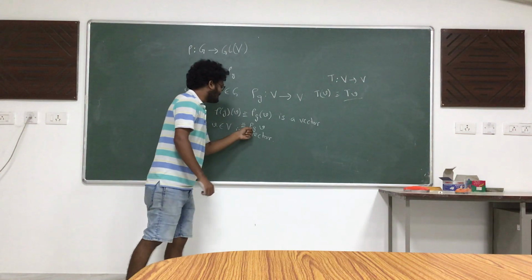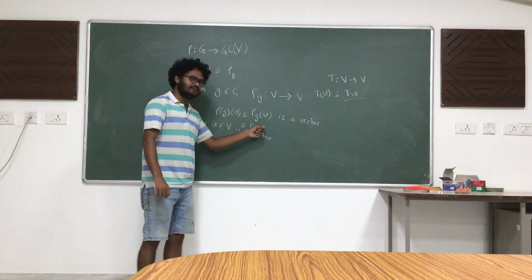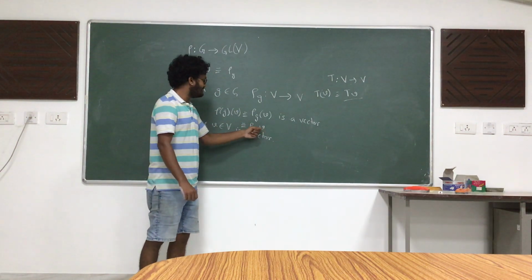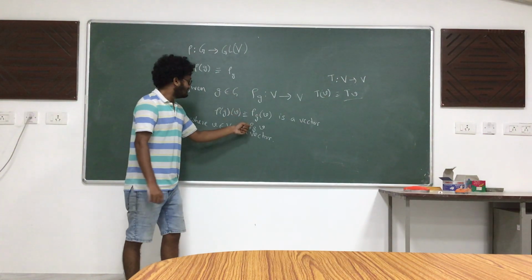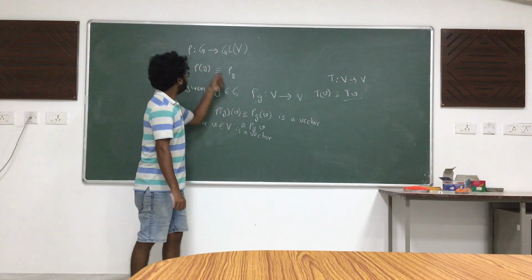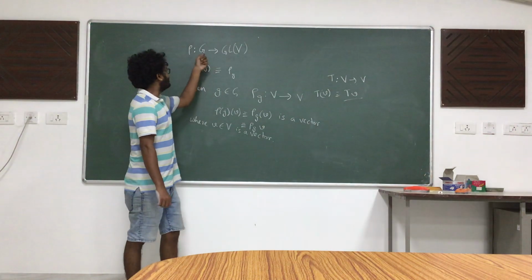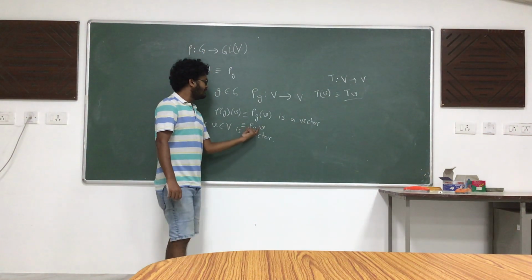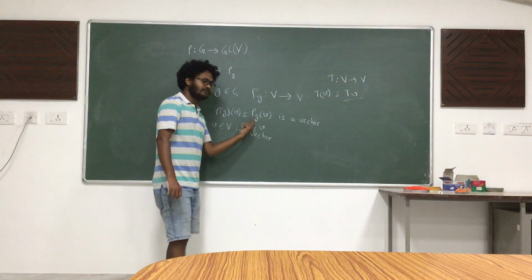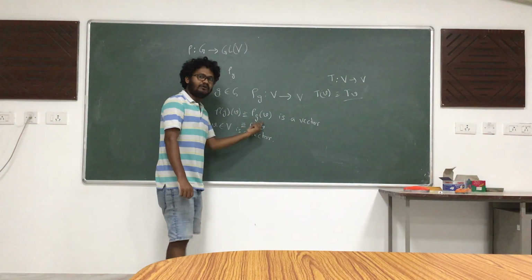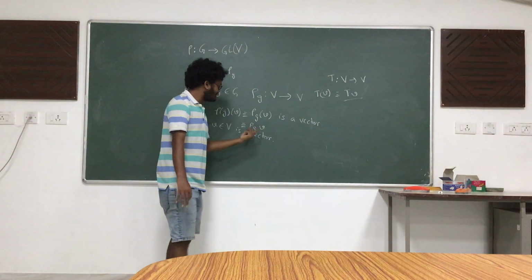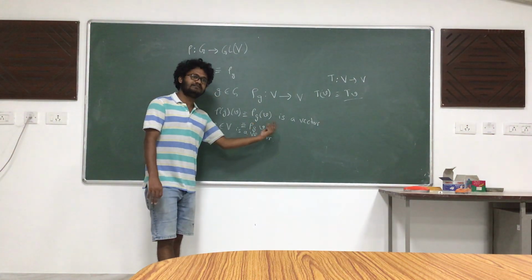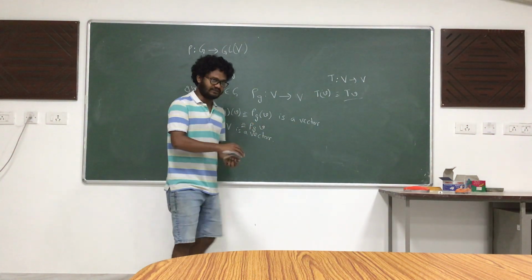Whenever it is written as rho subscript g times v, it means this is a representation from capital G to GL of V. It takes an element argument from G, gives me a linear transformation, and if we want to act it on a particular vector of the vector space, we just write that vector on the right side of it.